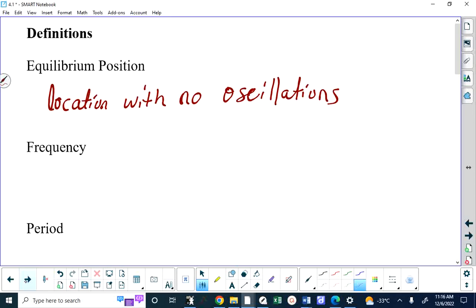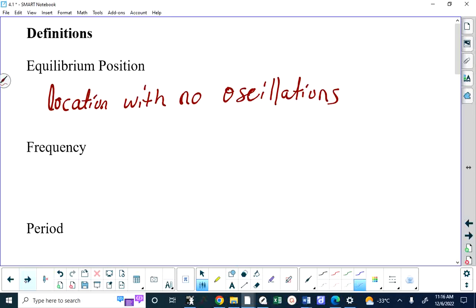The nice thing about frequency and period is frequency and period mean the exact same thing they do here as they did with circular motion. With a slight variation. You know, the frequency of circular motion was how many times it went in a circle per second.